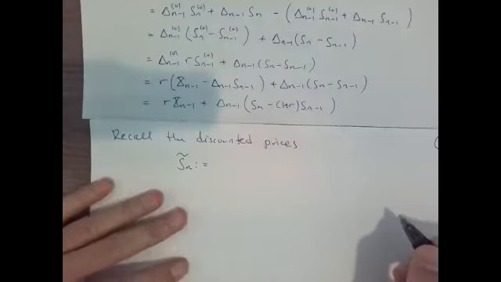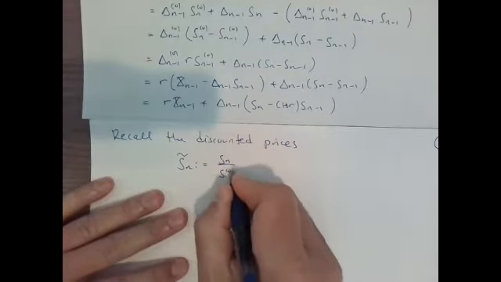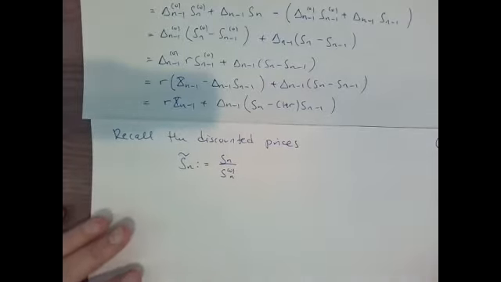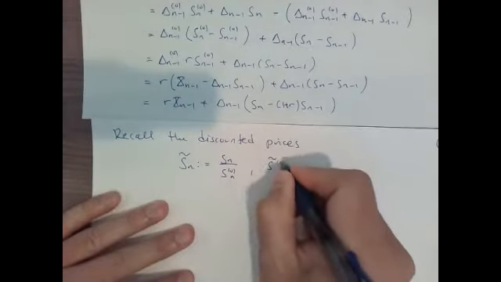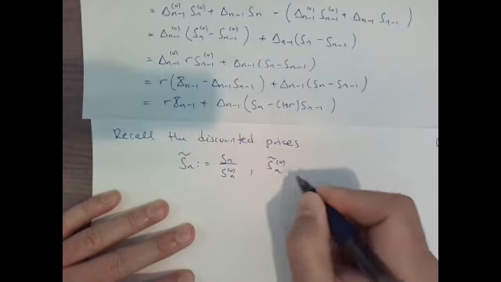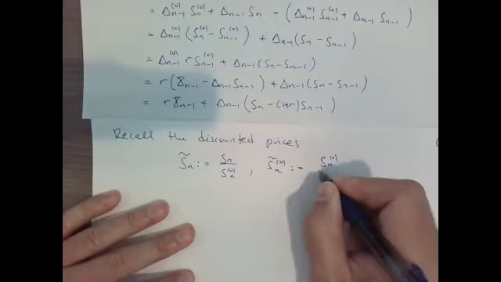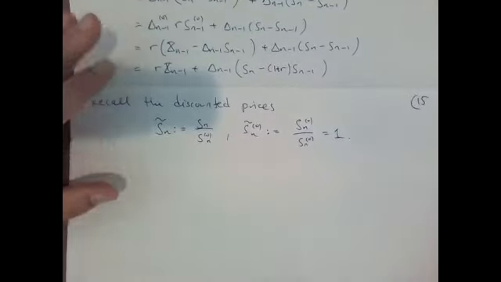That's going to be the stock divided by the money market account. And even if you want, you can also look at the discounted bank account prices, but these are trivial because they will be Sn0 divided by Sn0, which will always be 1. But if you want, you could have these ones too.